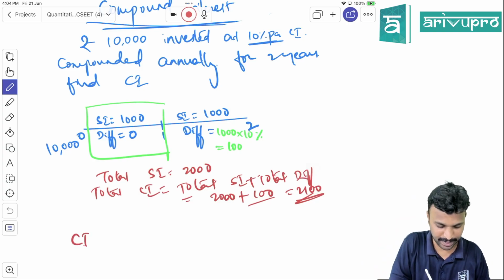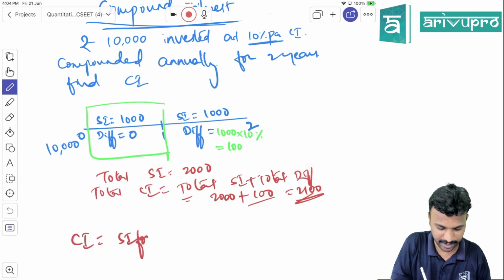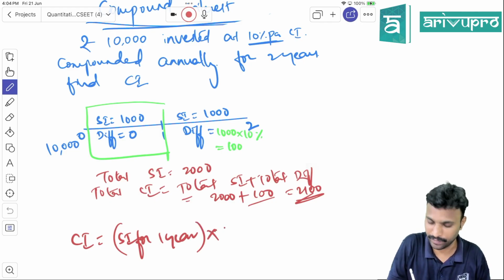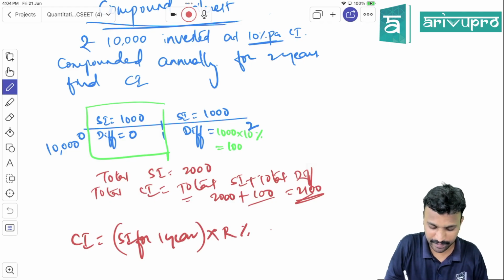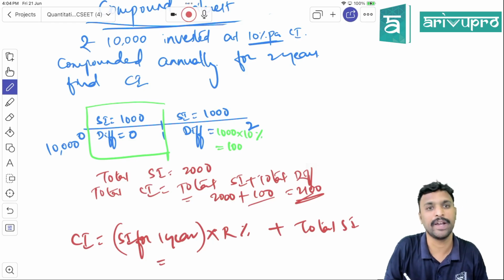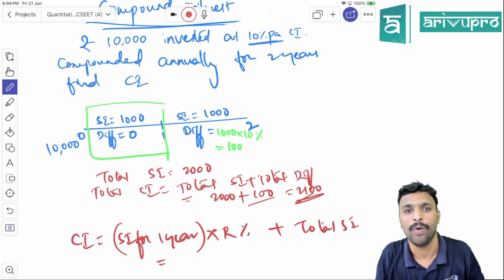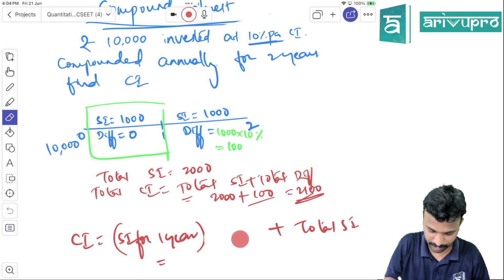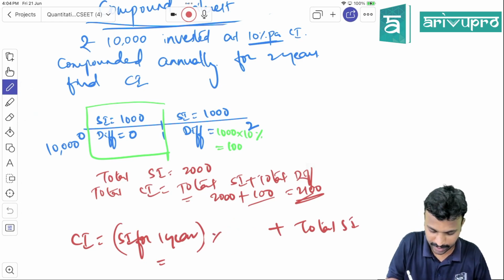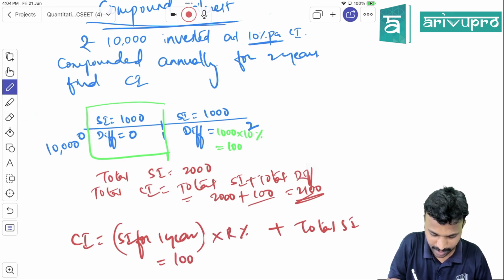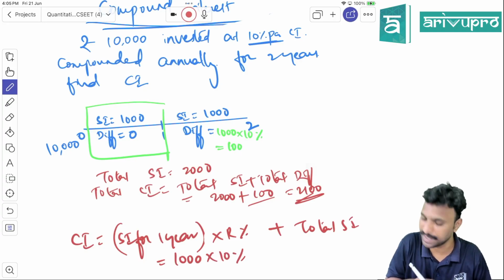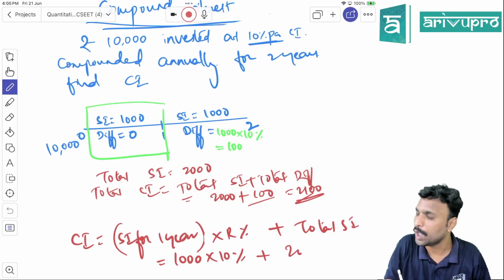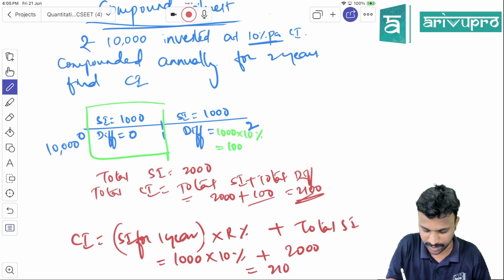CI is nothing but SI for 1 year into what? Rate of interest, and add with what? Total SI. SI for 1 year is 1000 rupees. Into rate of interest, 10%. Plus total SI 2000. The answer is 2100.